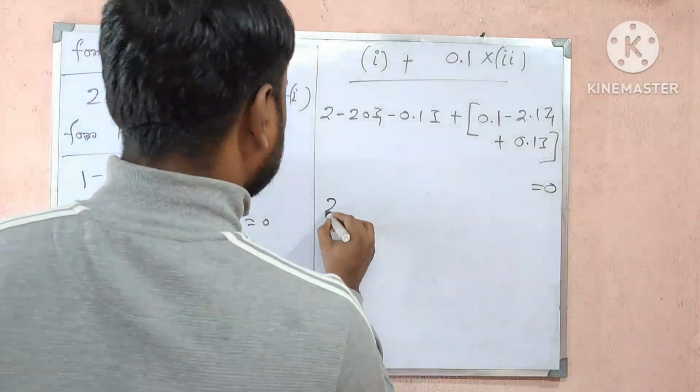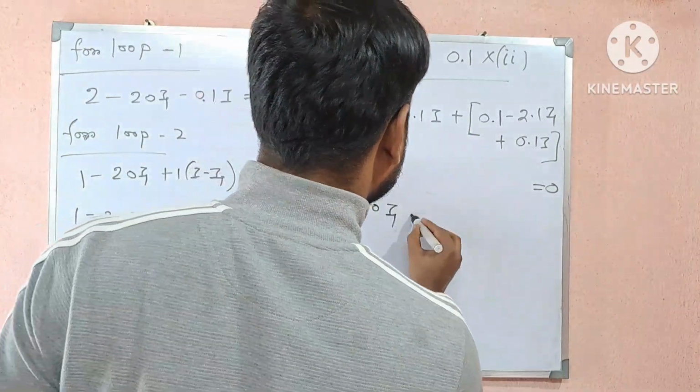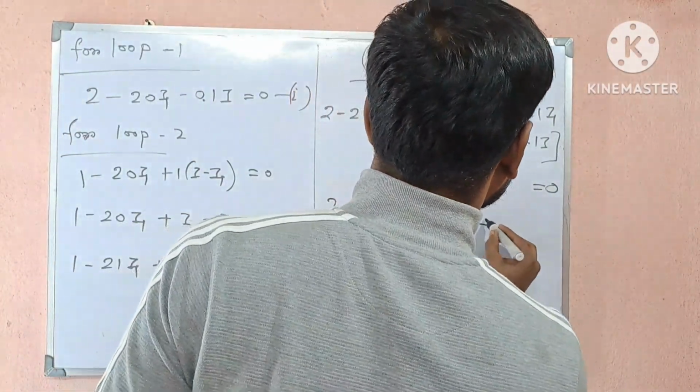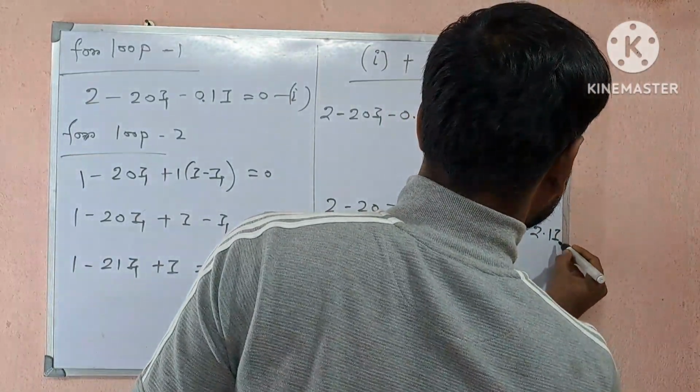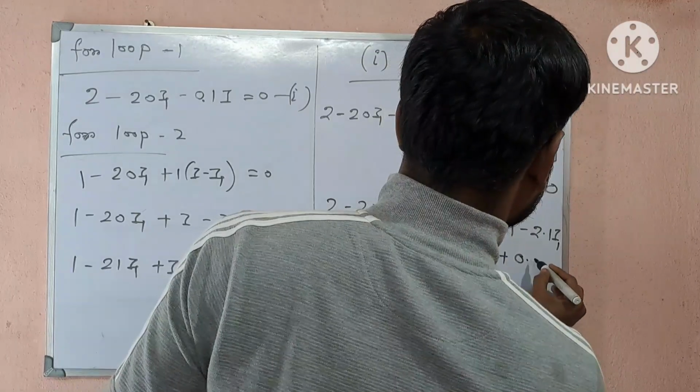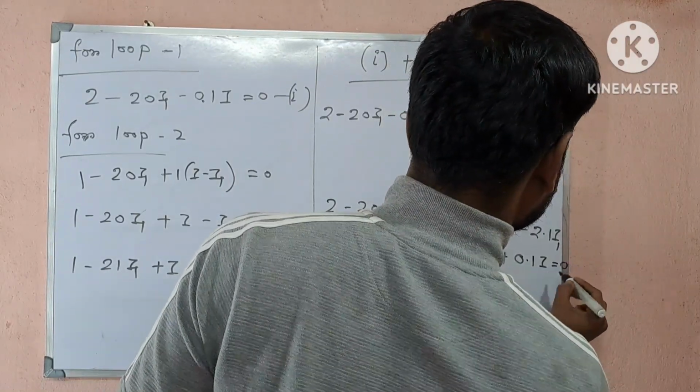After solving that one, 2 minus 20 I1 minus 0.1 I plus 0.1 minus 2.1 I1 plus 0.1 I will be equal to 0.